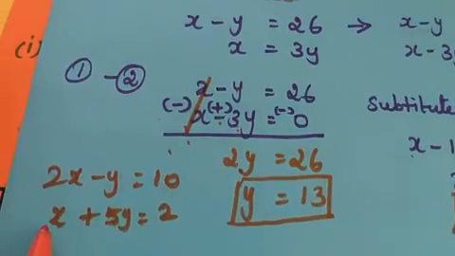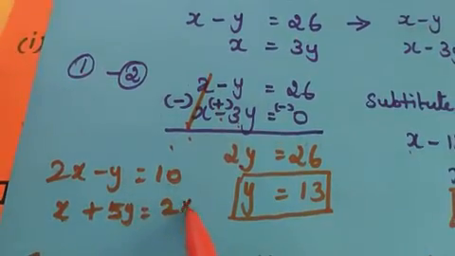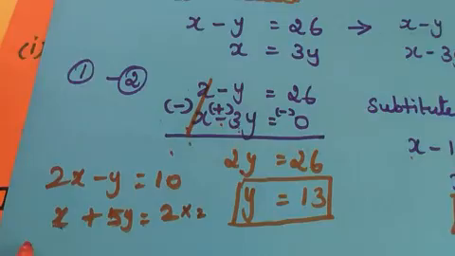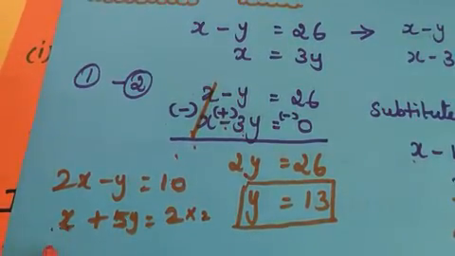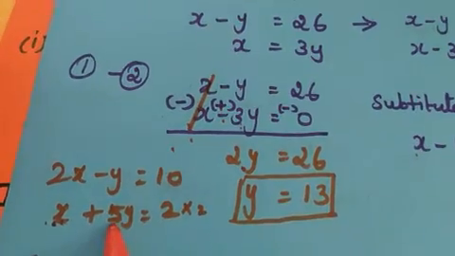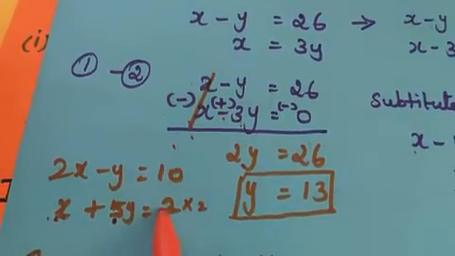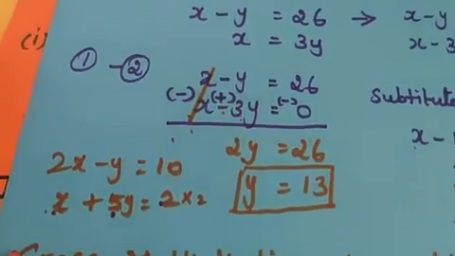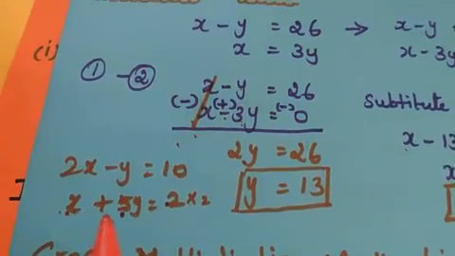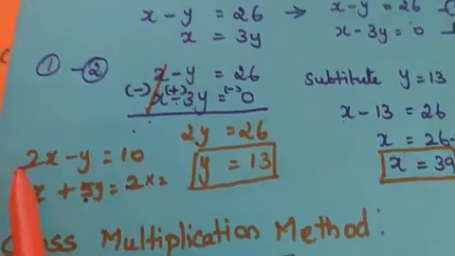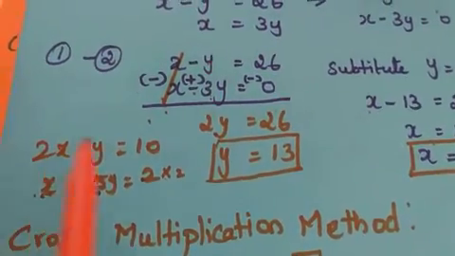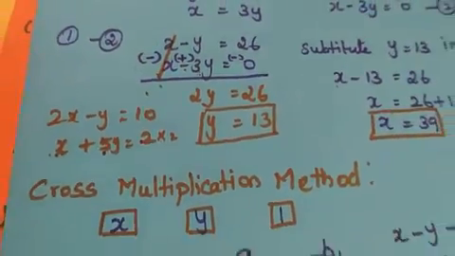If you multiply the whole equation by 2, it becomes 2x. So 2 into x becomes 2x, 2 into 5 becomes 10, and 2 into 2 becomes 4. Then you can eliminate. Like this you can solve the equation. I hope this is clear, right? You can make either the x coefficient the same or the y coefficient the same.